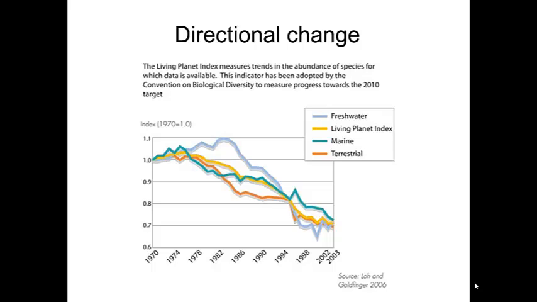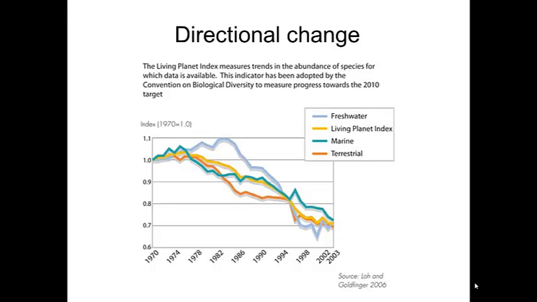It started in 1970, and basically they collect abundance records for species all around the planet, and they say, okay, in 1970 there were maybe, take a figure off the top, 100,000 elephants. And then as the years go by, there are less and less elephants, less and less seals, less and less plants, less and less songbirds. And this is a measure of how much biodiversity has declined at the planetary scale through time.